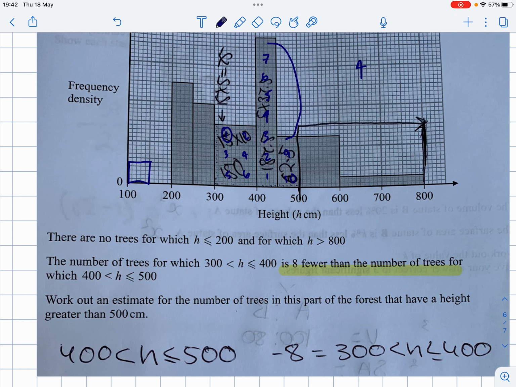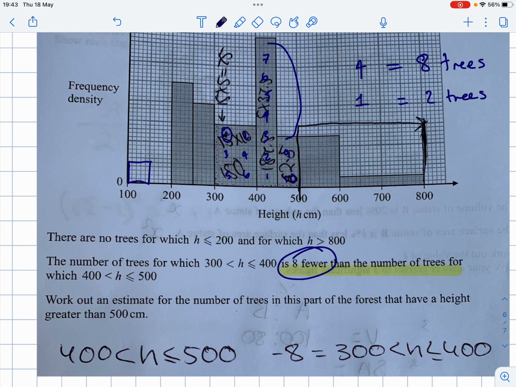And that means that 4 squares has got to equal 8 trees, because that's the difference between the different sections. So that means that 1 square has got to be equal to 2 trees.